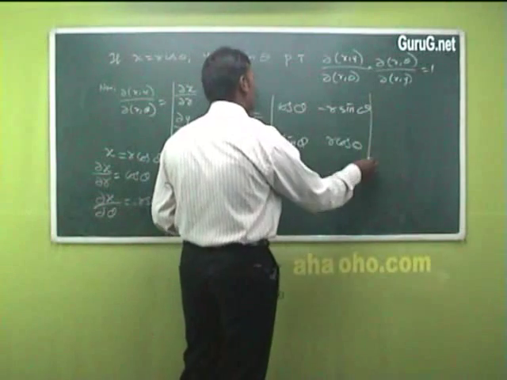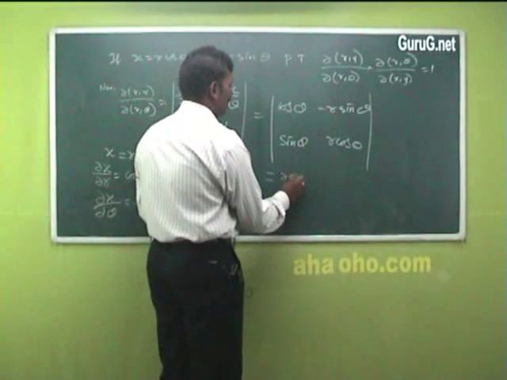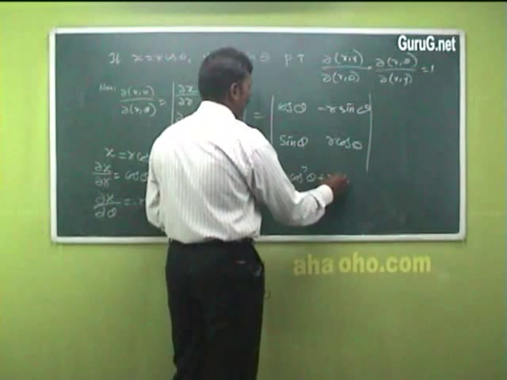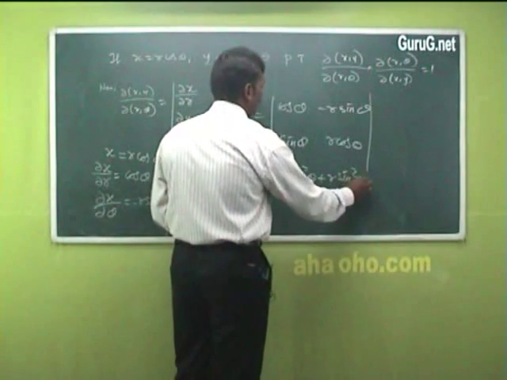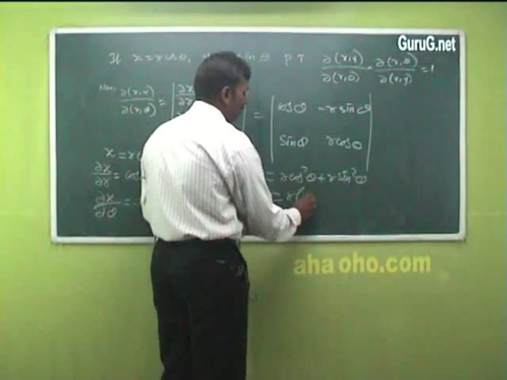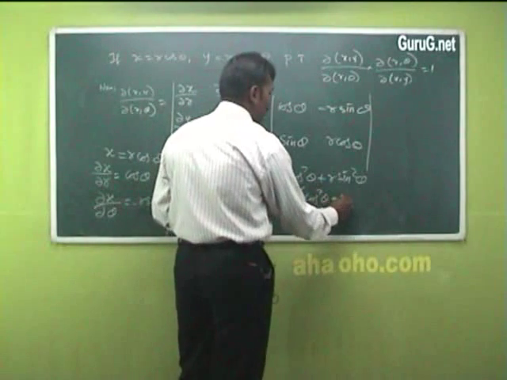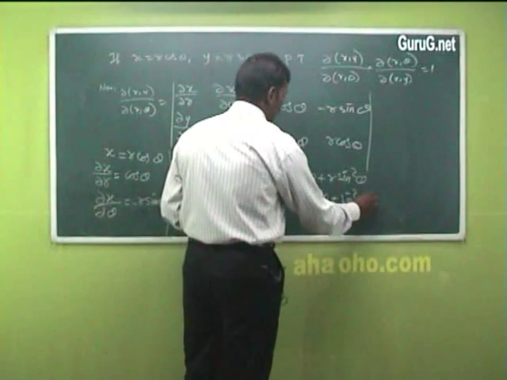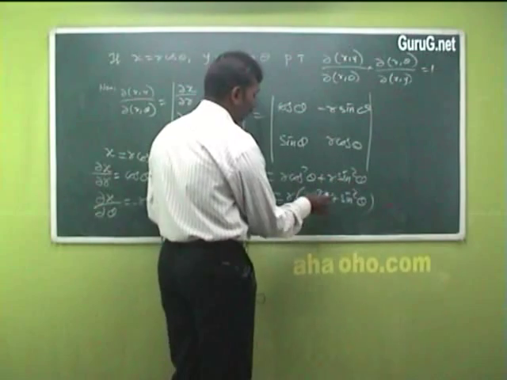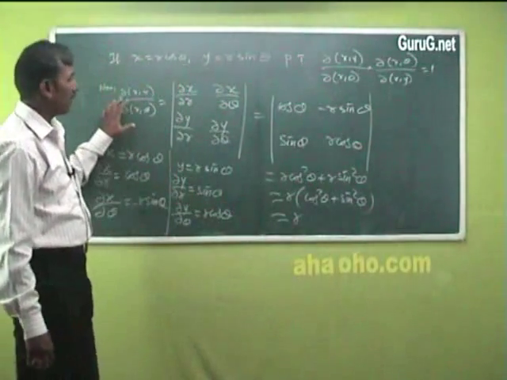So you expand it: r cos²θ plus r sin²θ. You can take r outside, you get cos²θ plus sin²θ, equal to r into 1, so r. So this is the first part, okay.